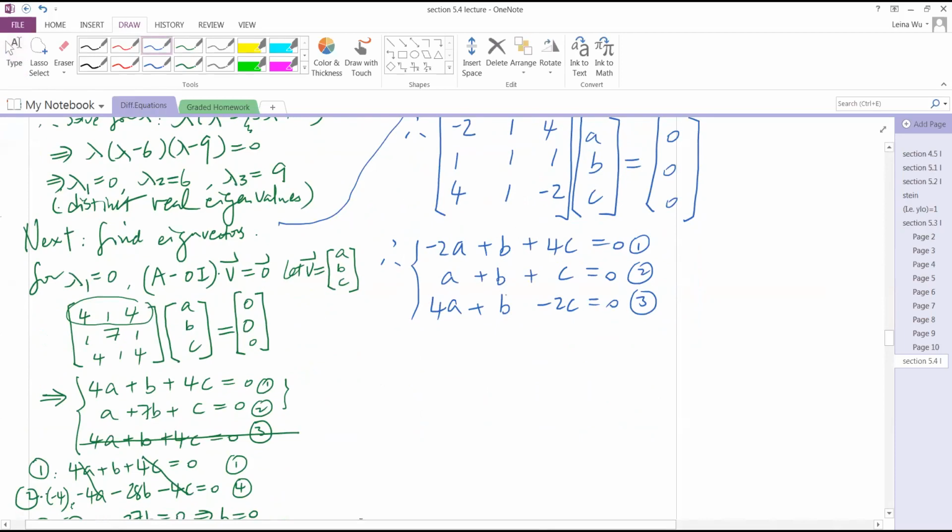Right, so you can use equation 1, 2 to eliminate B, and you can use equation 2, 3 to eliminate B. I can say equation 1 minus equation 2, I'm getting negative 3A plus 3C equals 0. And equation 2 minus equation 3, I get negative 3A plus 3C equals 0. So these two get us the same conclusion, which is A equals C. Do you have that?